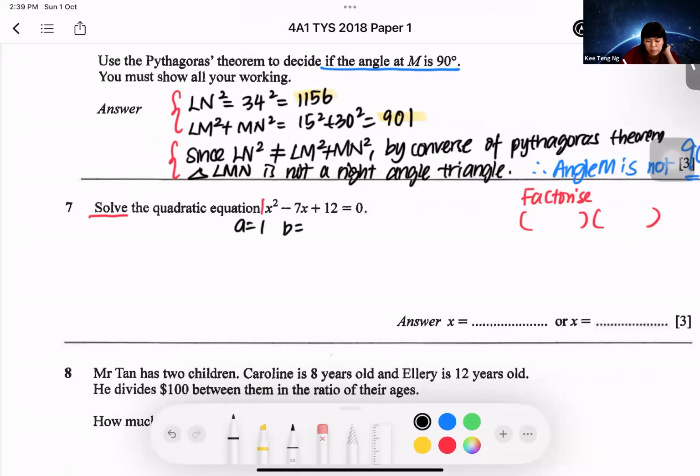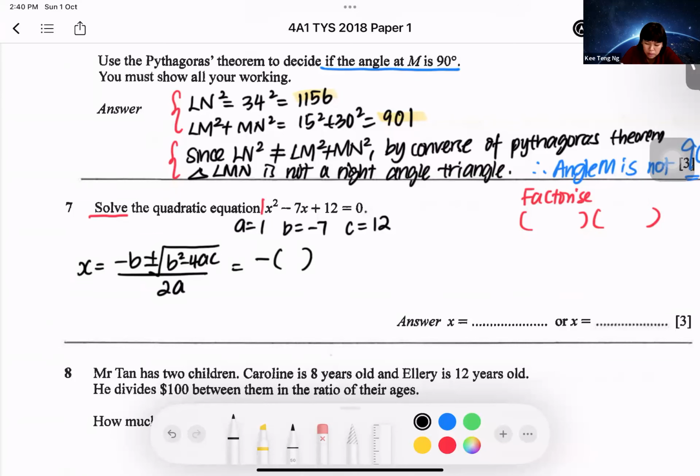B equals the number -7, C equals the number 12. The formula for this will be given: x equals -b plus minus square root of b square minus 4ac over 2a. But writing the formula gives you no marks, must substitute in the answer.